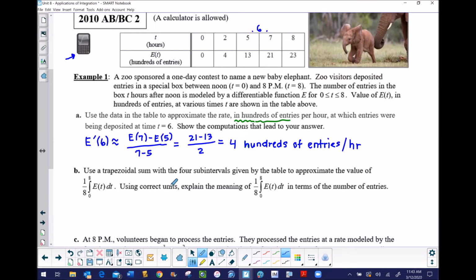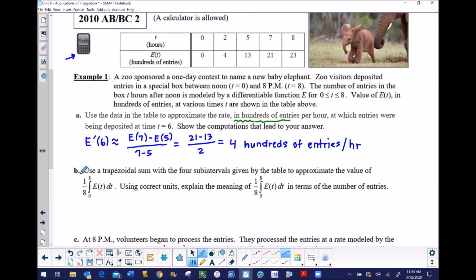Now, this problem, you've got sort of 2 things that you have to battle. We have to review the trapezoid sum, which I'm sure you guys are like, what's the trapezoid thing again? We'll go through that. And then we also have to understand that this 1/8 is something a little bit more significant, right? Do you recognize this as that 1/(b minus a) thing?